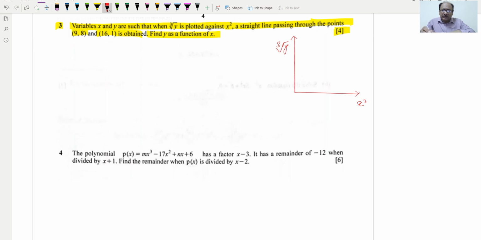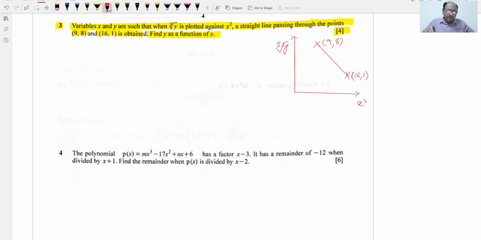Now they are saying it's a straight line through the points 9, 8 and 16, 1. So it will be roughly like this, this is the line and these are the 2 points: 9 and 8, and 16 and 1.